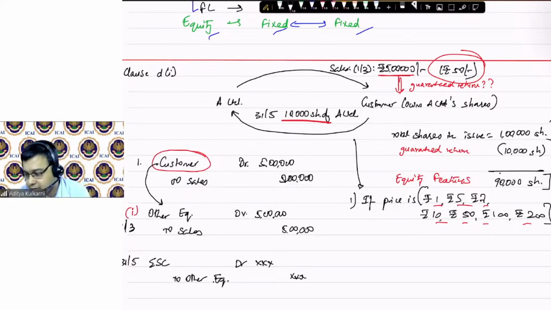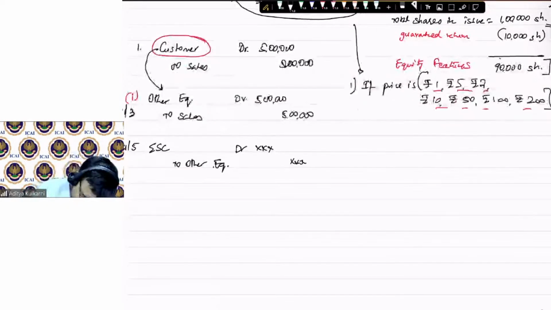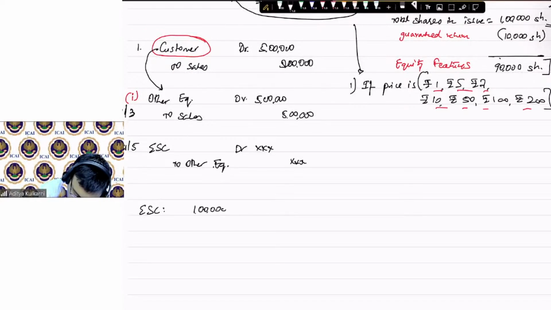Okay. See, I am not debiting financial asset because I am assigning. Understand it like this. I have equity share capital of 1 lakh shares, whatever be the amount. Now, this is a credit balance.